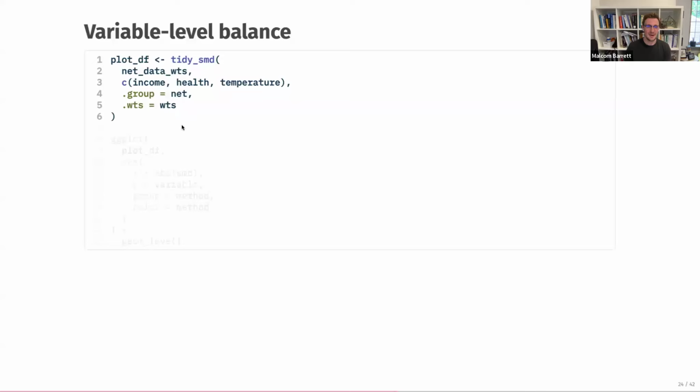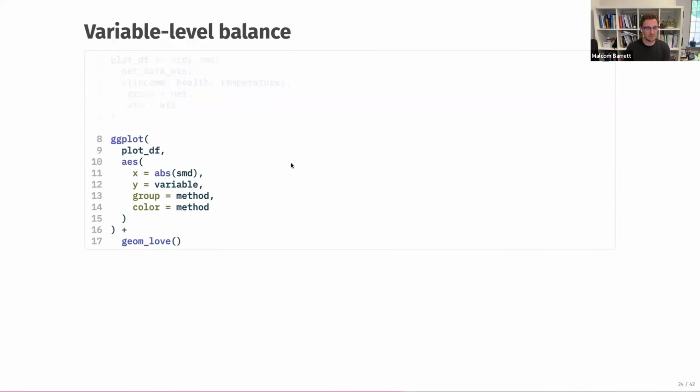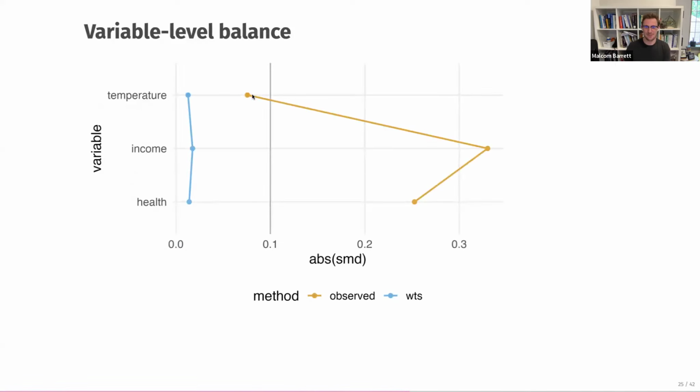So we can calculate those standardized mean differences with and without weights using the tidy SMD function from halfmoon, and then plot it with this function geom_love. And so this is really just a wrapper function for creating these two lines that represent the variables as we saw them in the data, and then the variables after weighting.